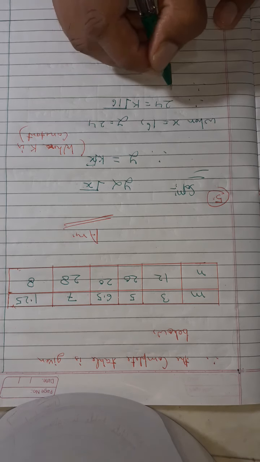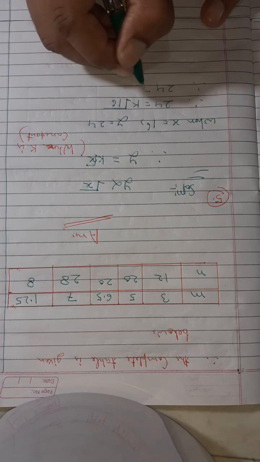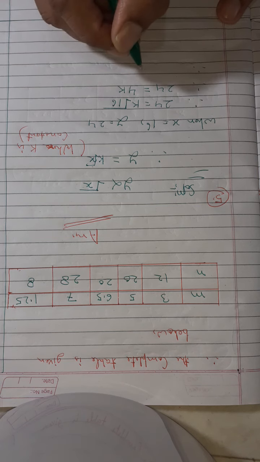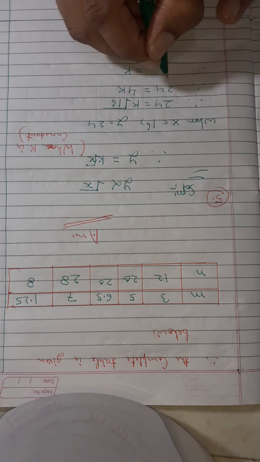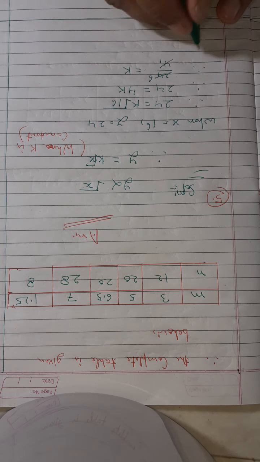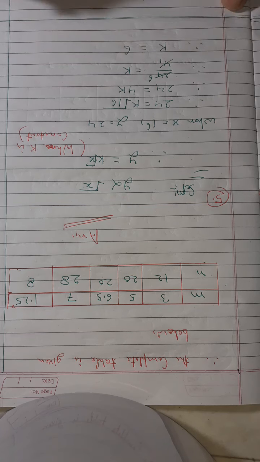Clear? Therefore 24 is equal to 4k. Therefore k is equal to 24 upon 4. 4 1 is 4, 4 6 24. Therefore k is equal to 6.